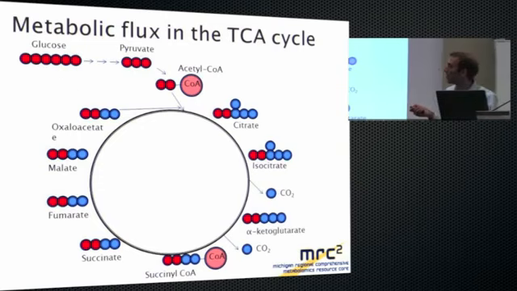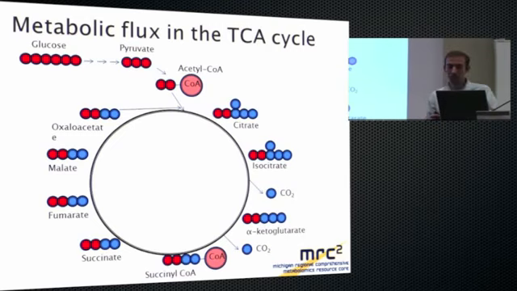The first step, glucose will form fully labeled pyruvate, which will form fully labeled acetyl-CoA, and so 2 carbons from acetyl-CoA become incorporated into citrate by condensation with unlabeled oxaloacetate in the first step of the TCA cycle to give you a 2-carbon labeled metabolite. So we can now detect how much of this 2-carbon labeled citrate is present relative to the other isotopes of carbon, and that follows through the whole rest of the TCA cycle.